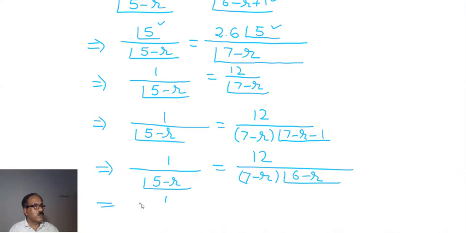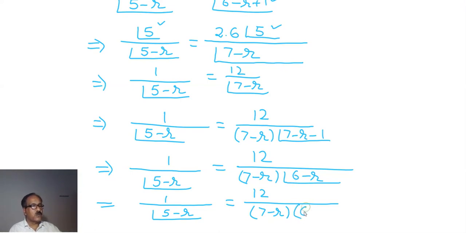Again 1 upon factorial 5 minus r is equal to 12 upon (7 minus r) factorial 6 minus r. Again 6 minus r you have to take outside of this factorial, so inside this factorial 1 will be subtracted, then this will be equal to 5 minus r.